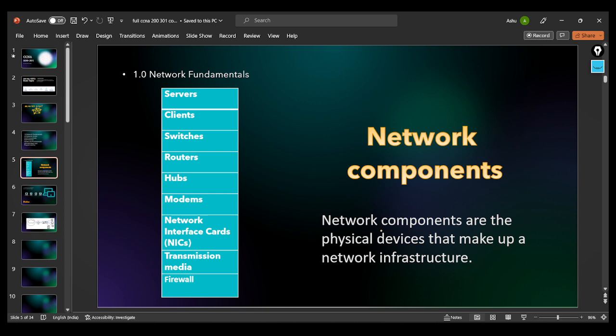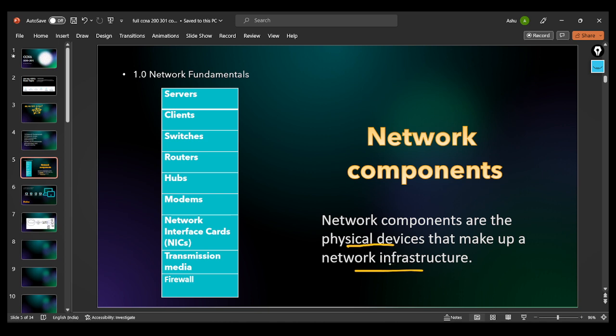They are physical devices, and we are always saying these may be organs. These organs work as an architecture to provide connectivity. So these are physical devices that make up a network infrastructure.